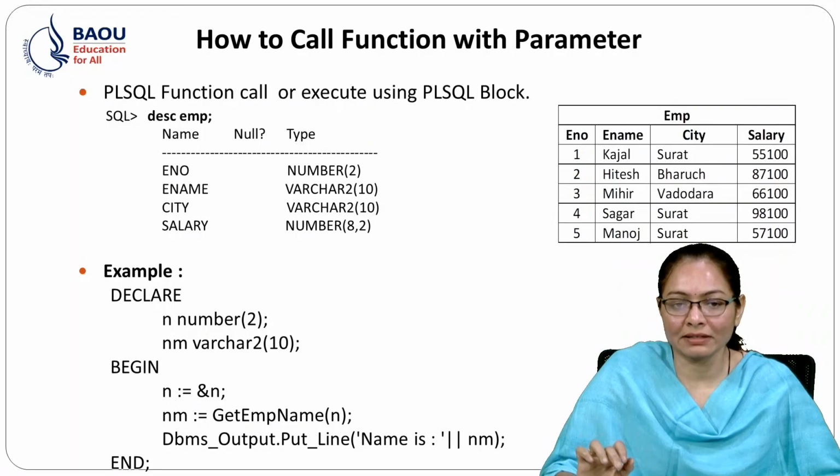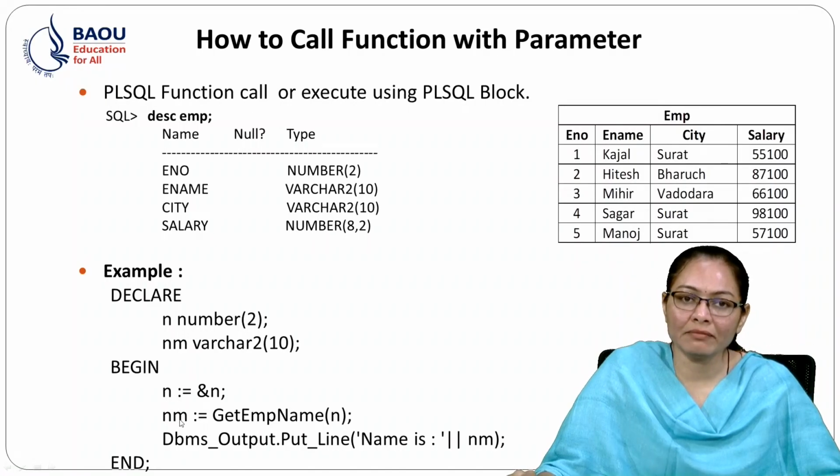It asks the user to enter the value. For example, I enter the value 5. So 5 is stored in the n variable, and the n variable is used here. For the name variable, nm colon equals the function name, get employee name. In this function we pass the employee number 5.